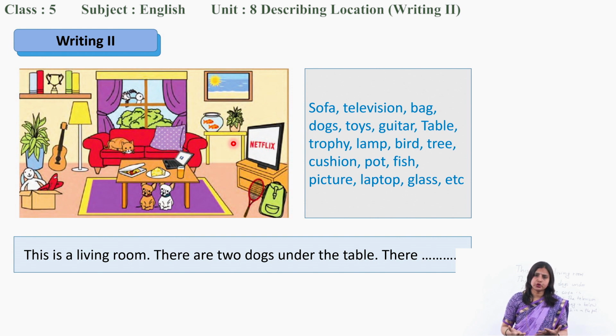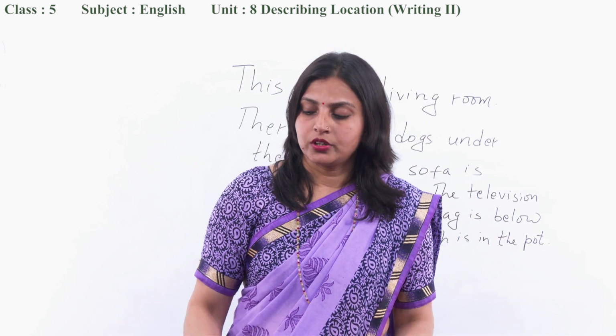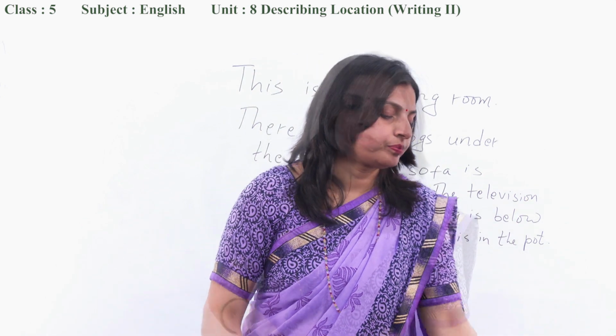Okay, use prepositions like in, on, at, between, over, under, below. Use this type of prepositions and write a paragraph about the things in this room. Can you do that? Very good. Okay, now let's move to our next section. Do it yourself, where you are told to do it by yourself.